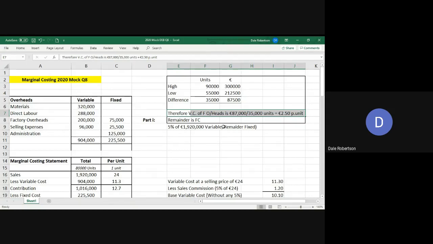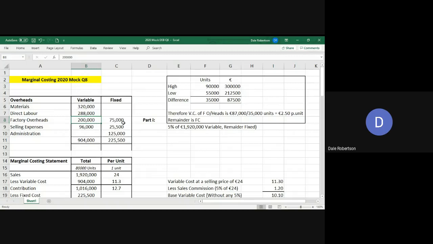Now, that is part A, or part 1 answered, but more importantly, you bring that information back over to here. Now, how many units do we have for this particular company, Deal Limited? This year we have 80,000 units. So this 200,000 is now 80,000 multiplied by the €2.50 per unit. And that will give you 200,000 variable.